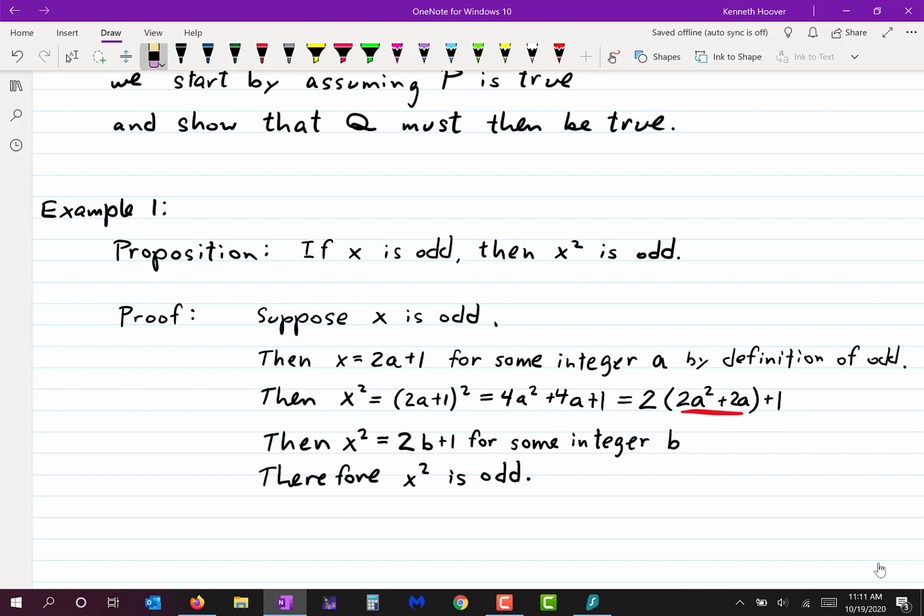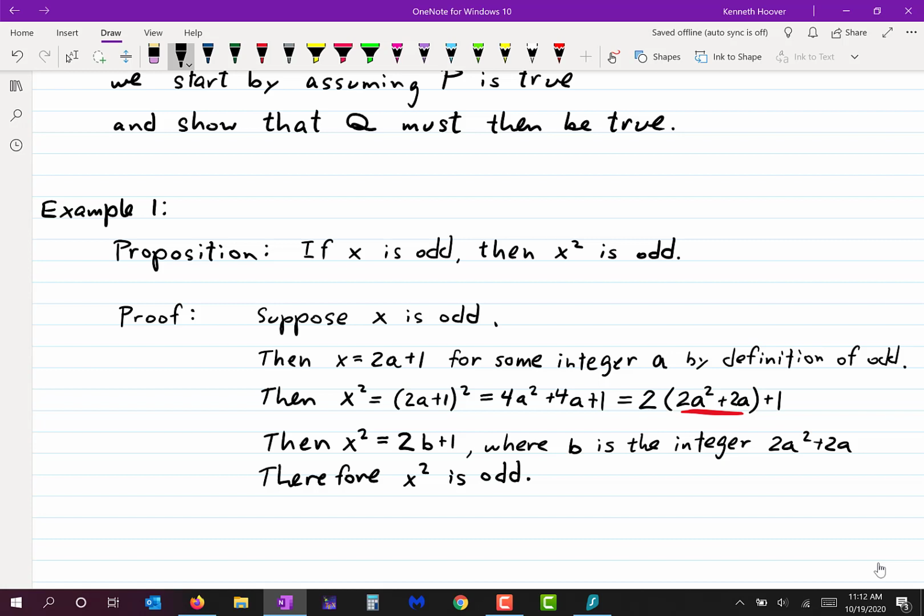So instead of leaving it as for some integer b, let's be specific about that. Let's point that out. Let's write x squared equals 2b plus 1, where b is the integer 2a squared plus 2a.